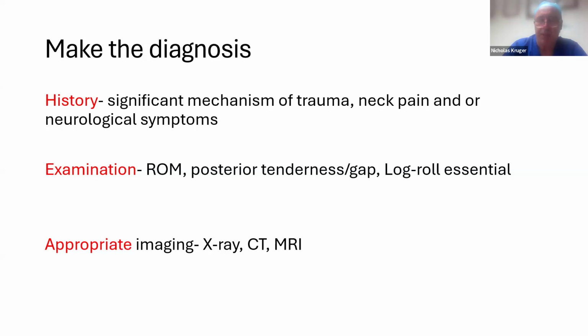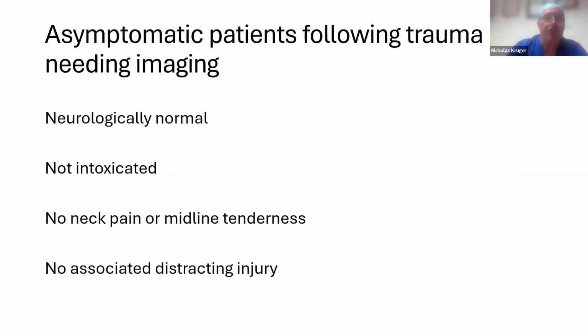We know these guidelines: patients with suspected neck trauma who don't need X-rays are neurologically normal, with no intoxication, no tenderness, and no distracting injury. You can exclude an injury on clinical grounds.